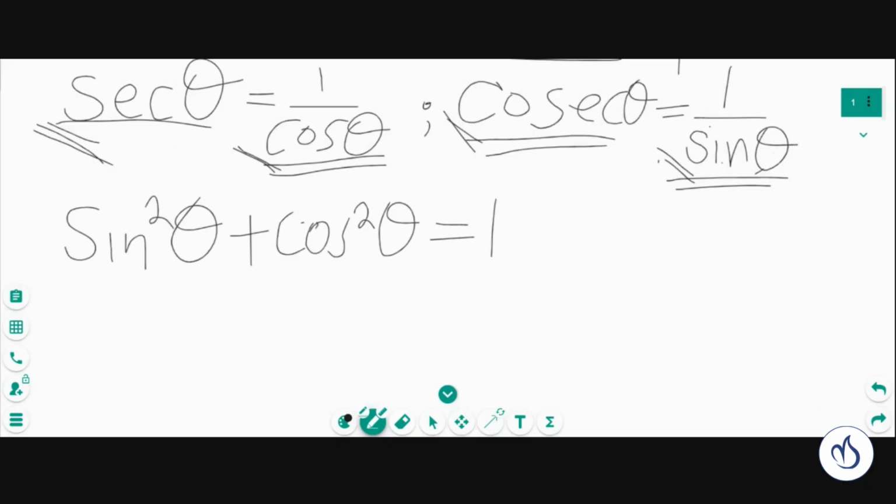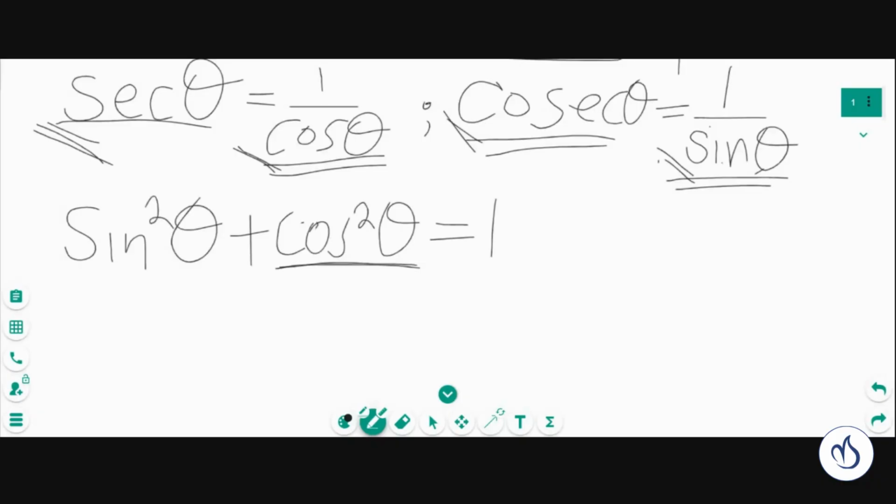The first thing we are going to do is to get a relationship between sine squared theta and cos squared theta. So for the sine squared theta, I can decide to take this cos squared theta to the other side. I can just make it cross the equal sign. Whenever it crosses the equal sign, we have to change its symbol.